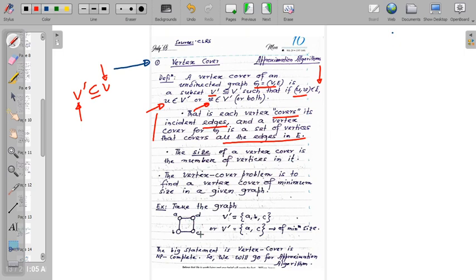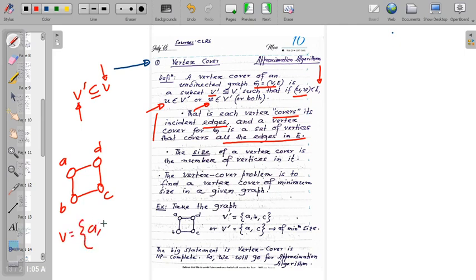So let us take one example to understand this. Now take this graph. We have discussed many graph problems with almost this structure. So what is V here?